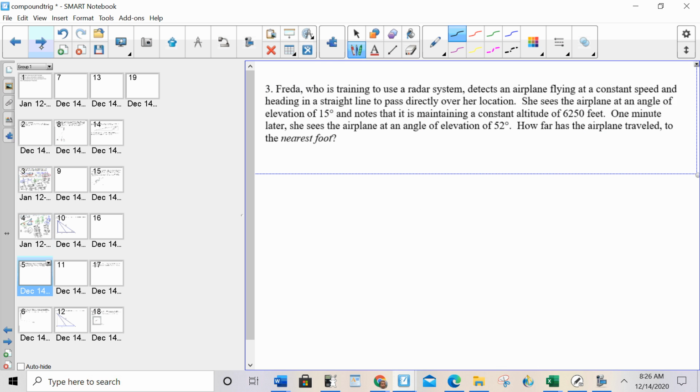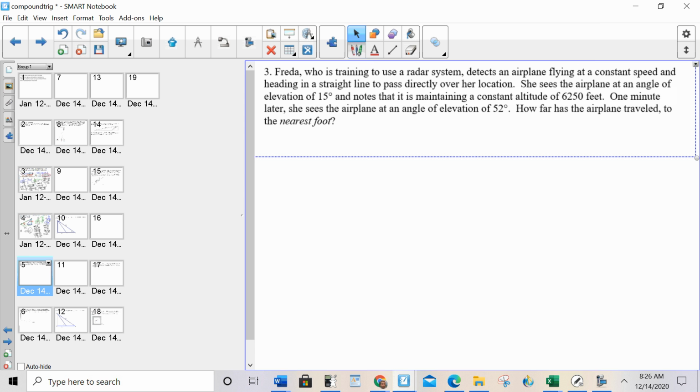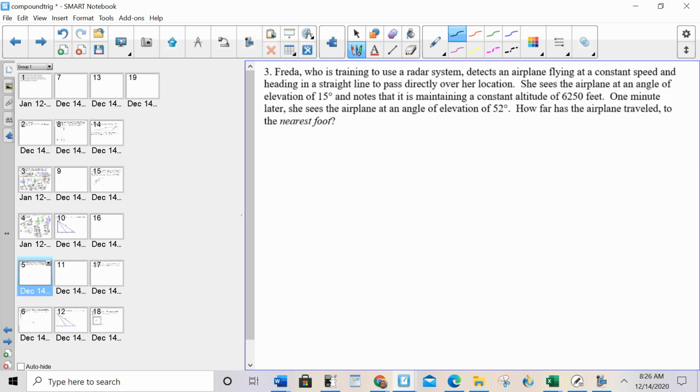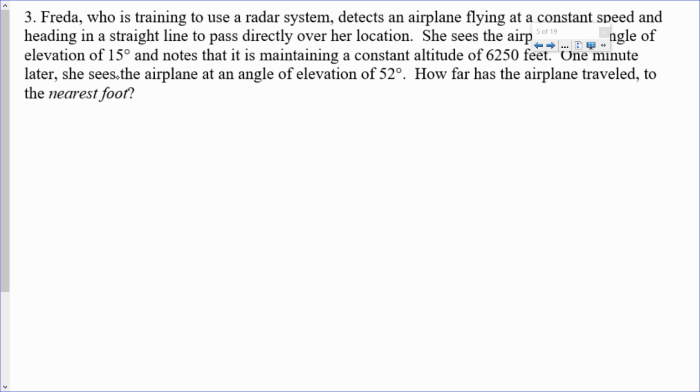Now, number 3, there's no picture, so I'm just going to help you set up the picture, but beyond that, I'll let you do it on your own. There's really 2 ways to do this picture-wise, and let's kind of just start. Frida, who is training to use a radar system, detects an airplane flying at a constant speed and heading in a straight line to pass directly over her location. So here's option 1.